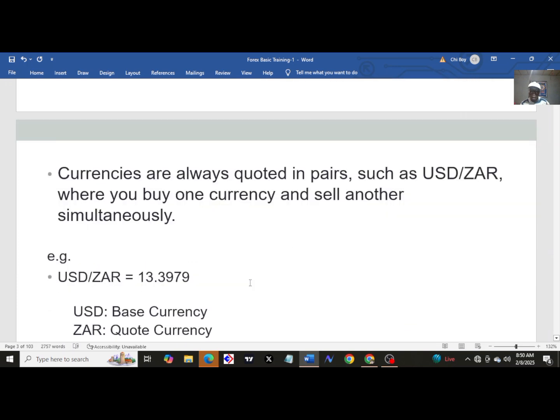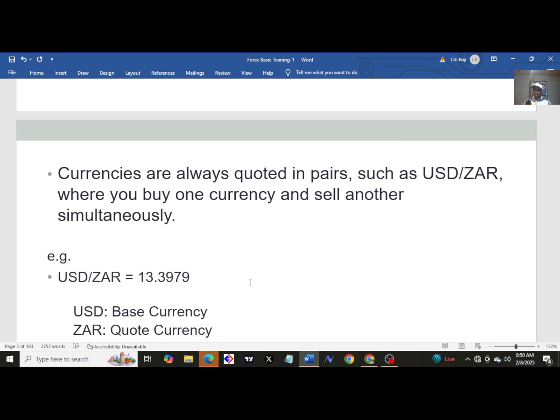Currencies are always quoted in pairs such as USD/ZAR, where you buy one currency and sell another simultaneously. So currencies are quoted in pairs. Either you are selling or you are buying, and these two things happen simultaneously, like it's being stated here, guys. For example, you deposited US dollars into your Exness account, and this time you have US dollars in your account.